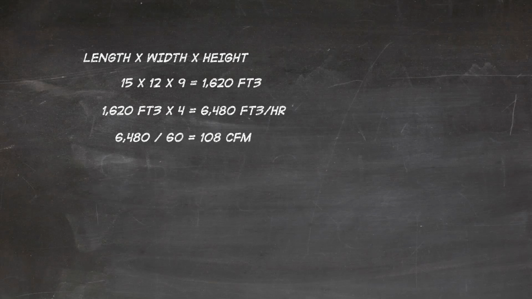Now let's say you're in a different situation. Maybe you already know the CFM being supplied to a room, but you want to find out how many air changes per hour that gives you. You can use the same numbers in reverse. So if you know the airflow is 108 CFM, you multiply that by 60 to get the total cubic feet per hour.